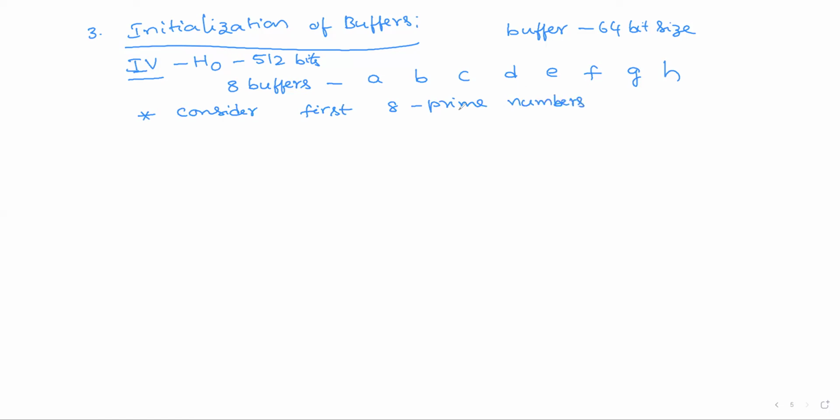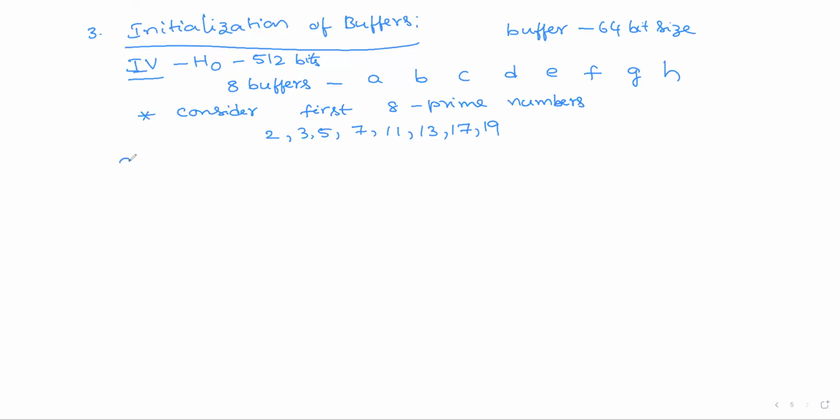So what are the first 8 prime numbers that you know? It starts from 2, 3, 5, 7, 11, 13, 17, 19.